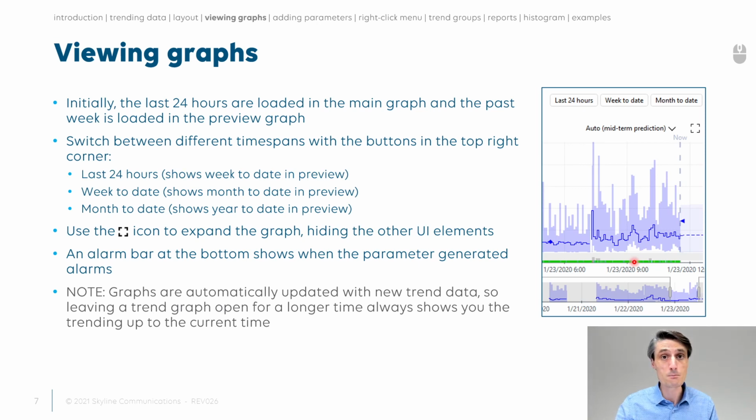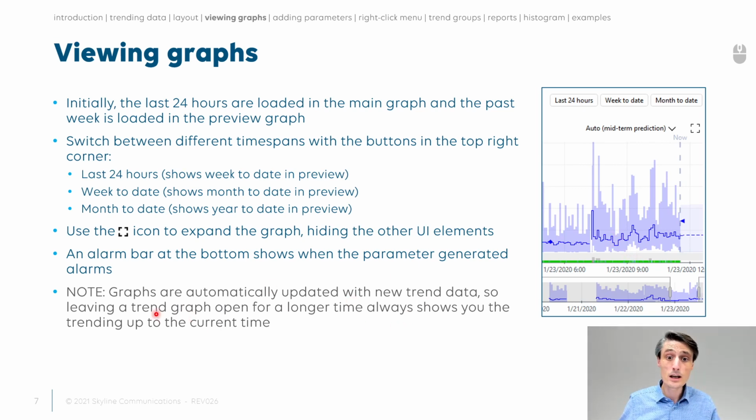Then it would just remain green and it would not indicate that there is an alarm there. Only when it is in alarm above, let's say 90% for a minute, then the alarm is being generated. Then this bar will also show that there is a critical state of that parameter.